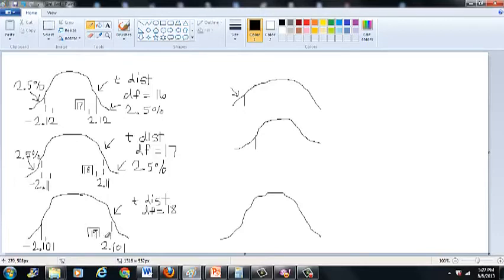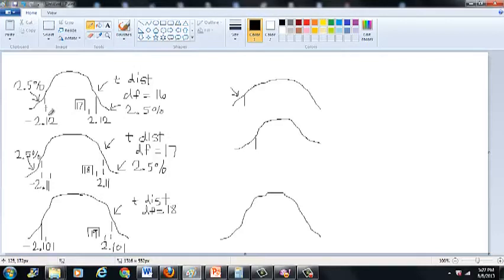And the one-tailed critical values also move in toward the center as the degrees of freedom go up. But in each case, with each type of curve that we're looking at here, the one-tailed critical value will always be closer to the center than the two-tailed critical values.